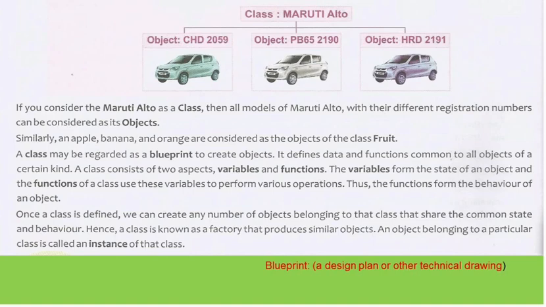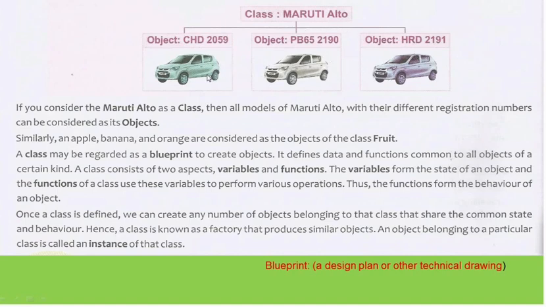Once we define a class, we can define any number of objects belonging to that particular class that share common state and behavior. What is the meaning of this? The meaning of this is that once we define this class Maruti Alto, now we can not only create these three objects, but we can create many other objects, but they will look like these only.